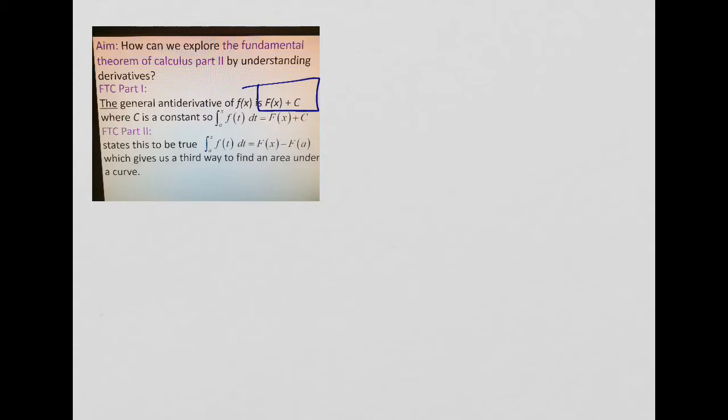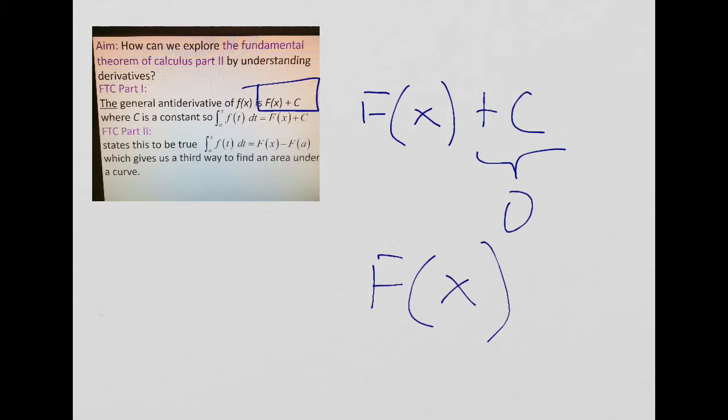C could be 0, that is true, if you're wondering. If it is 0, then yeah, it's just f of x. But generally, there is a plus c. You have to make sure that if you're writing an antiderivative, you have the plus c.